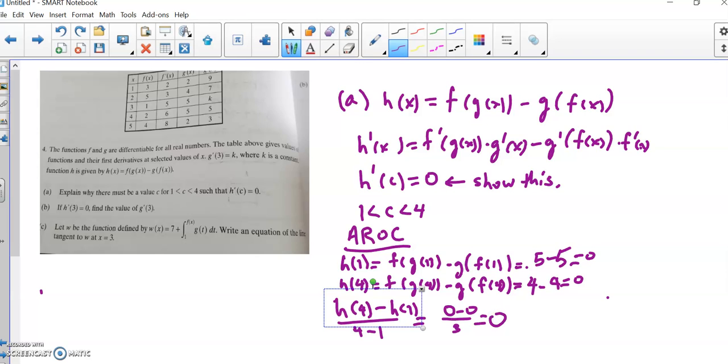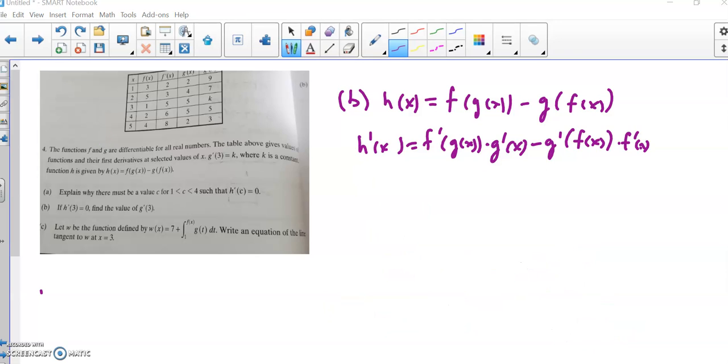Well, again, since f and g are differentiable everywhere, h is differentiable everywhere, and that means it must be continuous on the closed interval 1 to 4 and differentiable on the open interval from 1 to 4 respectively, and therefore I know that there must be some value where h prime at c is equal to 0 by the mean value theorem, or more specifically, you can also say Rolle's.